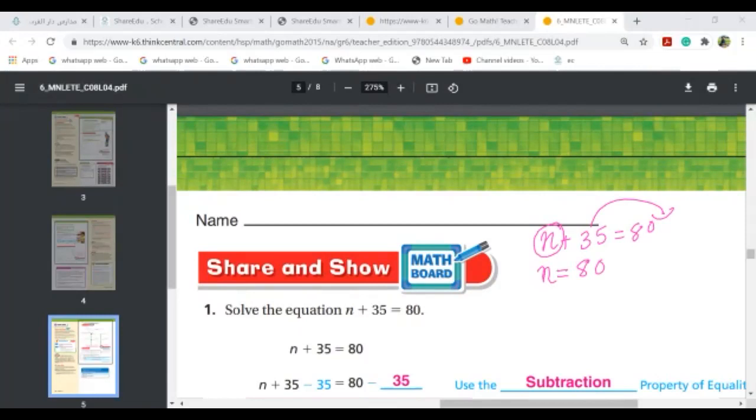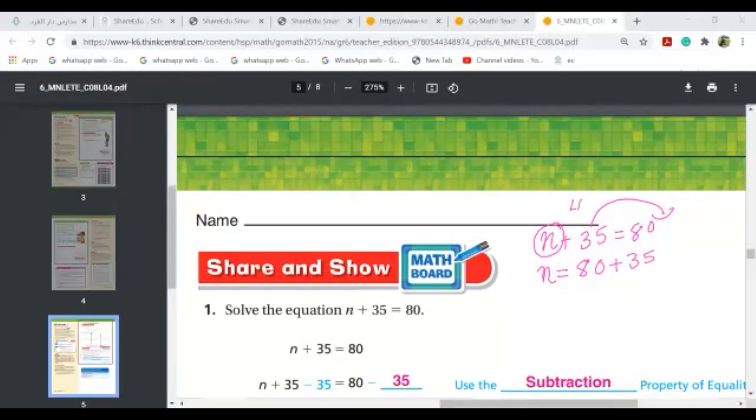One second. Yes, Lean? I didn't understand. 80 plus 35. Sorry. One second, Lean. I told you the rule is the plus sign.